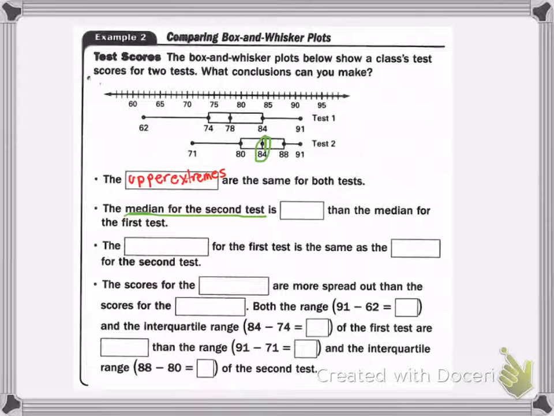And for the first test, the median for the first test is right there at 78. So we can see that the median for the second test is higher than the median for the first.